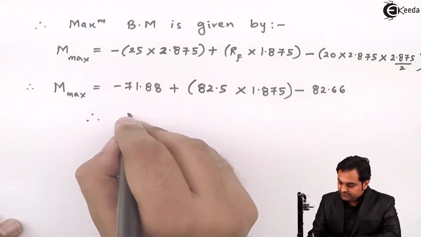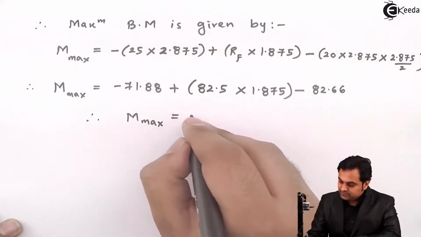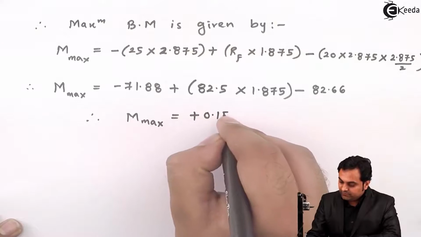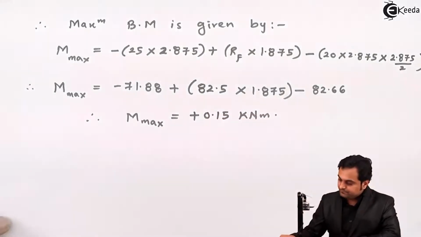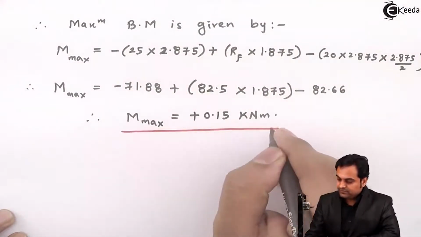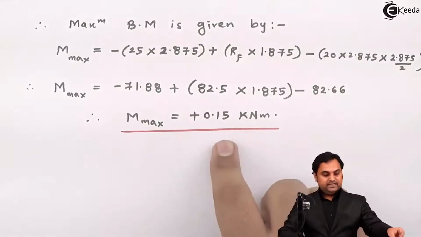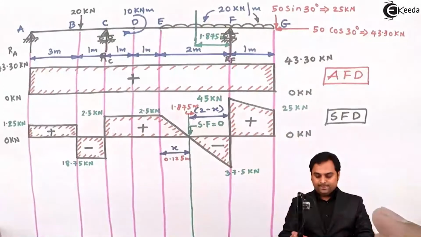So therefore the maximum bending moment comes out to be plus 0.15 kilonewton meter. And this maximum bending moment, as we see, it will be for the portion EFG of the beam.